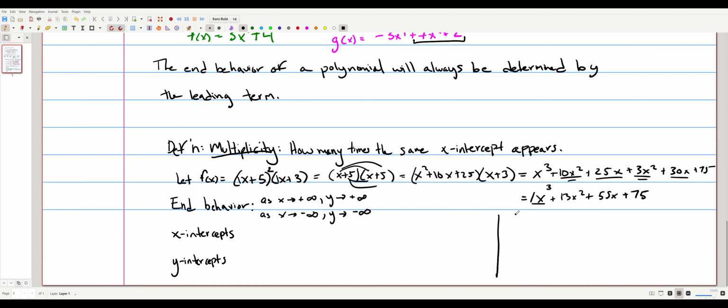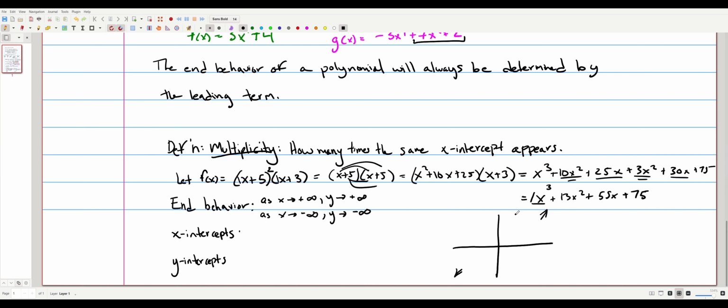That means when we draw our graph, as x approaches positive infinity, y approaches positive infinity, so our arrow is going to be somewhere here. Likewise, as x approaches negative infinity, as we go this way, y is going to approach negative infinity. So we're going to have an arrow down here doing that. Okay, so we're already starting to sketch a little bit about what our function looks like. Now let's get our x-intercepts sorted out.